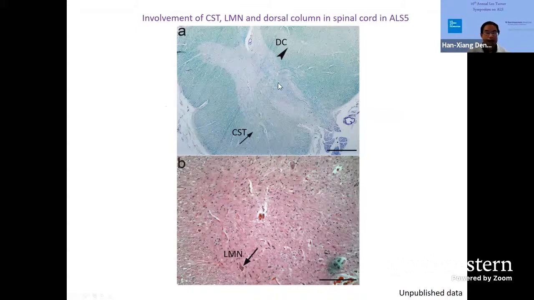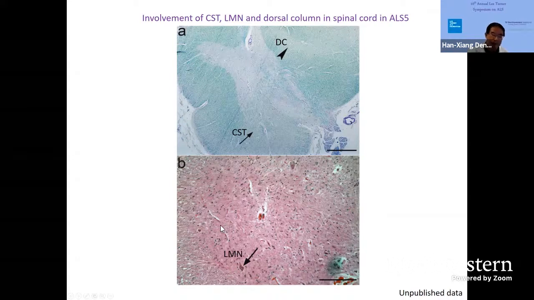This is an autopsy sample from an ALS5 patient. We can see the corticospinal tract degeneration, and interestingly, we can also see dorsal column degeneration. That will explain why some patients may show Charcot-Marie-Tooth disease; the sensory axons are also involved.